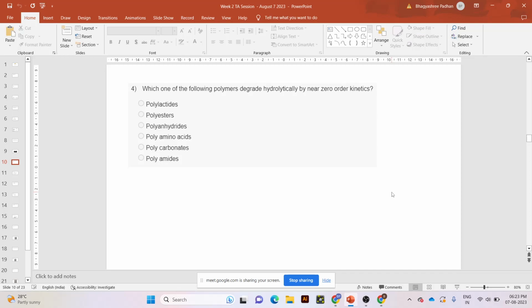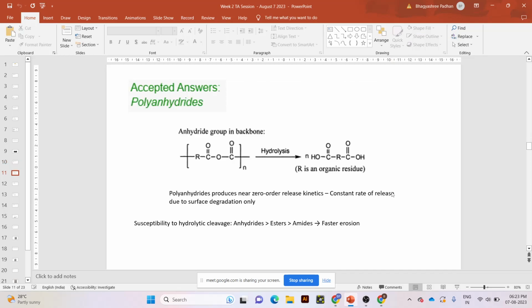Okay, so those of you who answered polyanhydrides, yes, you are all correct. It's polyanhydrides. It undergoes hydrolysis, and if you go through the lectures, it is directly mentioned there.